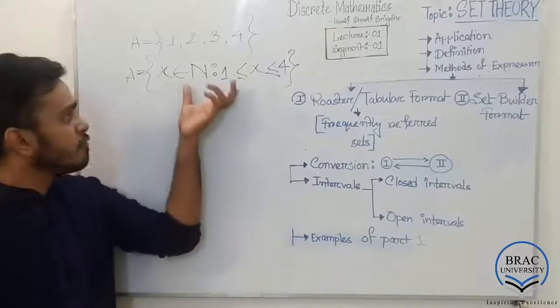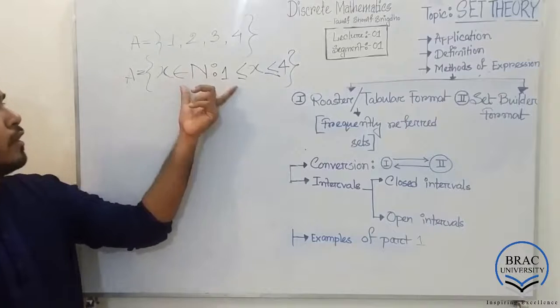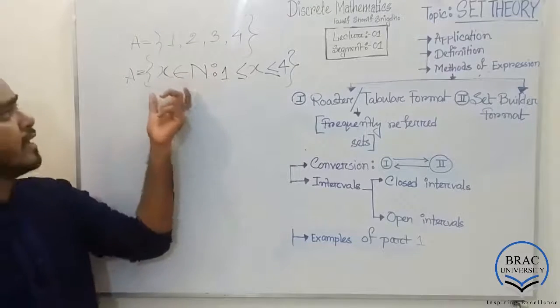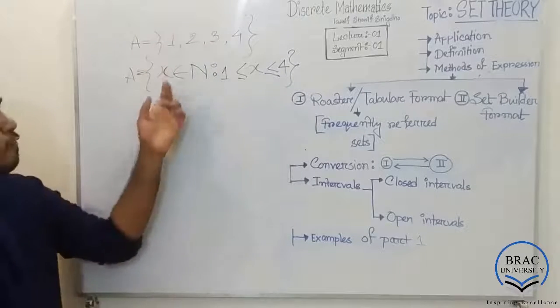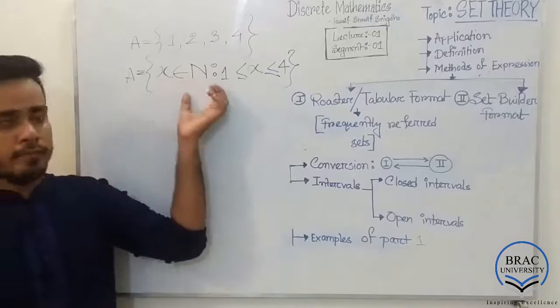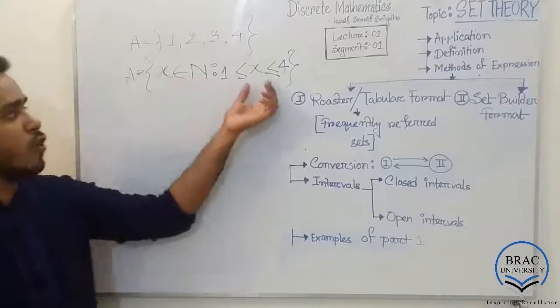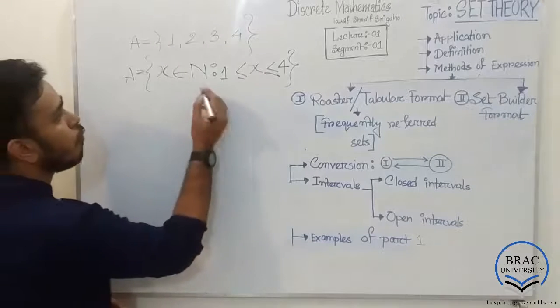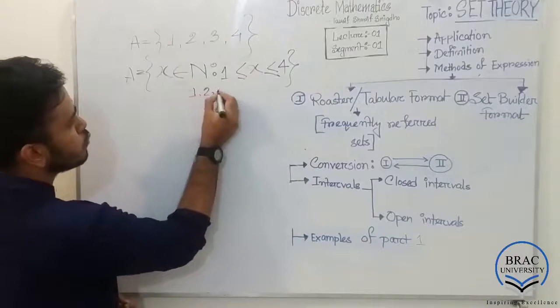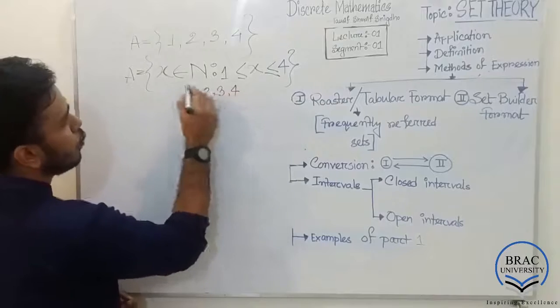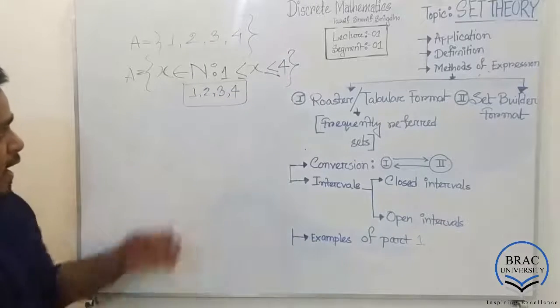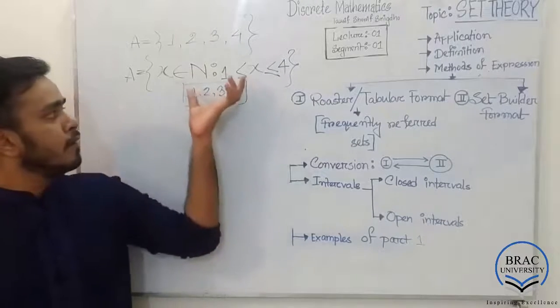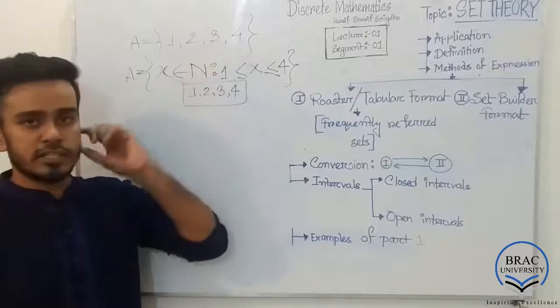Let's see if from this expression we can determine set A. First, x belongs to N, means x is a natural number and x is always less or equals to 4 and greater or equals to 1. So there are 4 numbers, 1, 2, 3 and 4, which actually satisfy this condition.